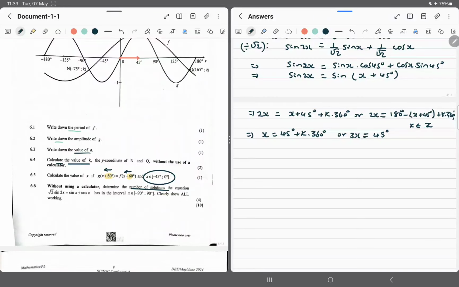Okay, and then we have again 180 minus 45 is 135, so it's 135 degrees plus k times 360 degrees, where k is an element of integers.